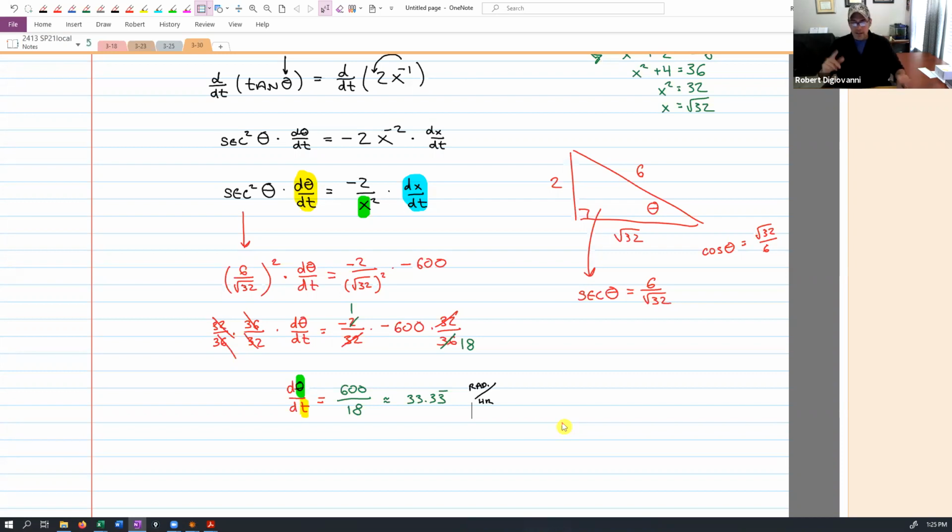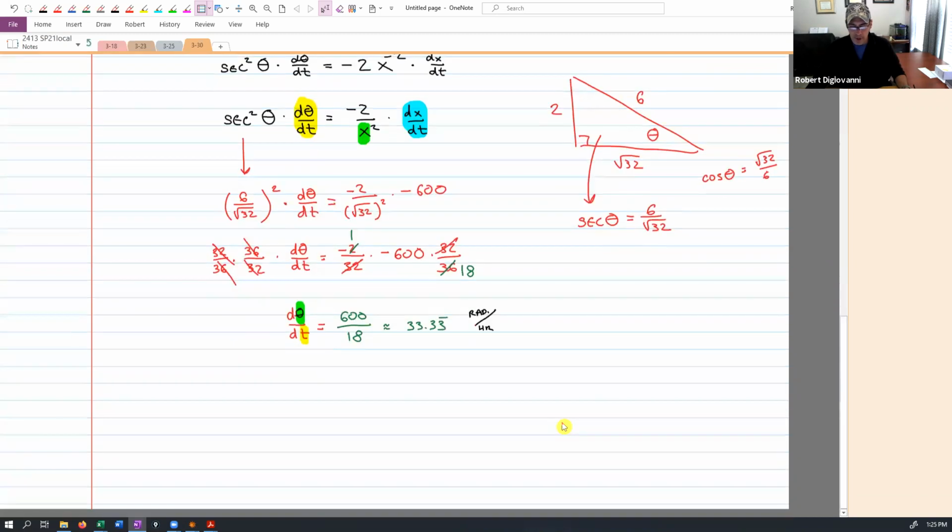Okay, let's get to Braxton's question. And I'm not gonna take too much time on this. When you were in a different class, you may have been told that if you get an answer like 1 over the square root of 2, you're not allowed to leave it that way. You were told that you're supposed to do this thing called rationalizing the denominator, which means you multiply the top and bottom by the square root of 2 over the square root of 2, which is really a 1, right?